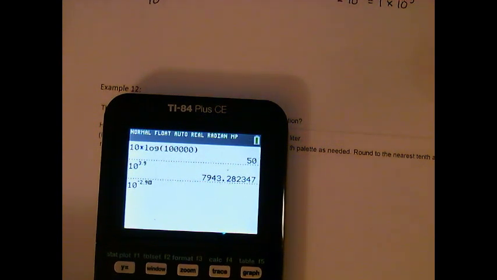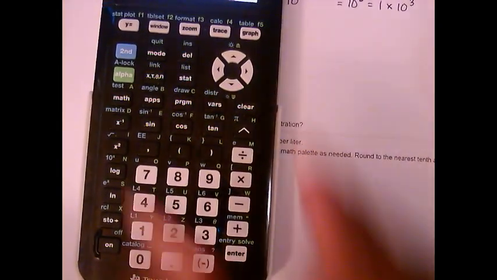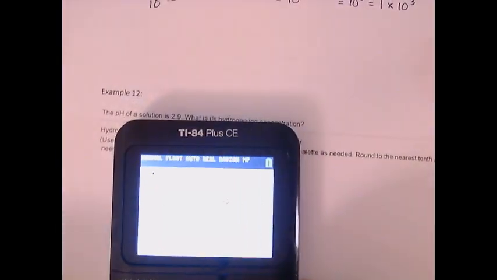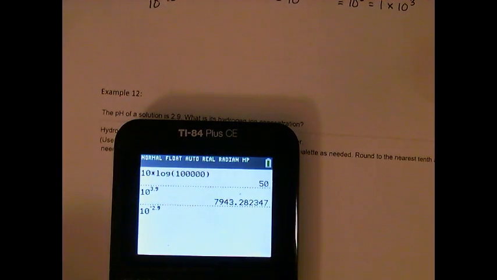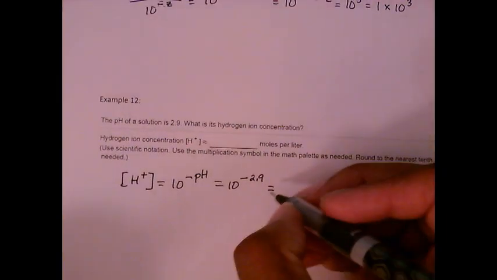Make sure you use the negative key at the very bottom of the calculator and not the minus sign. The negative key is in parentheses, which is right here. Then hit enter. This will be your decimal, and I'll go ahead and write this out as 0.00125.